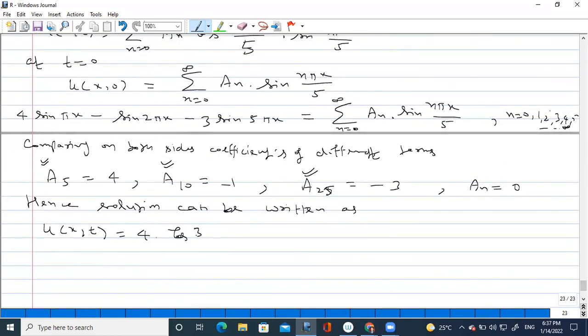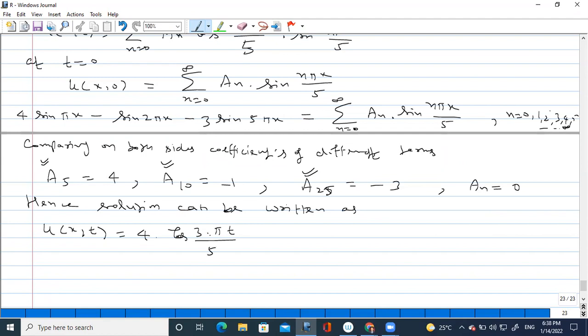Cos 3 will be the a value, pi t by L. Understood?